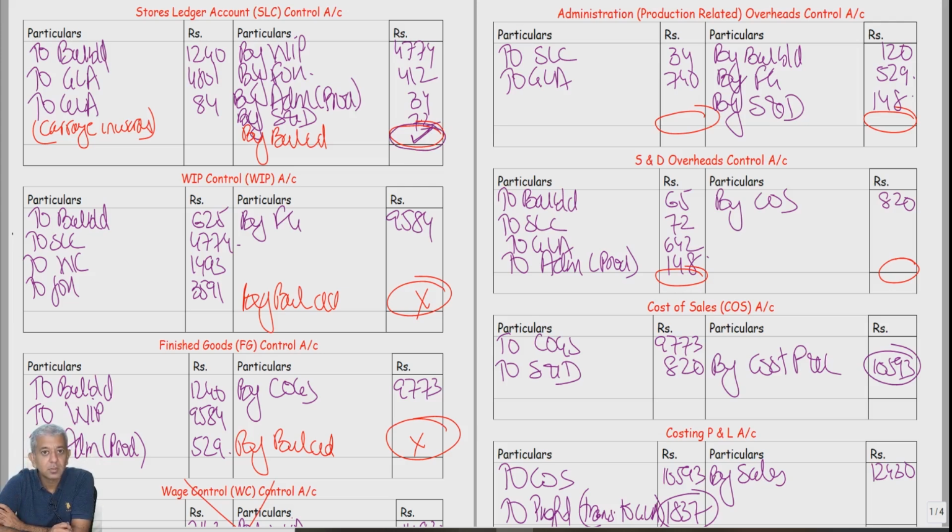Correct, no? This particular figure is how much? 833. Your WIP is how much? 899. Yes.